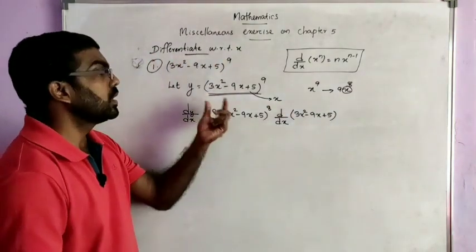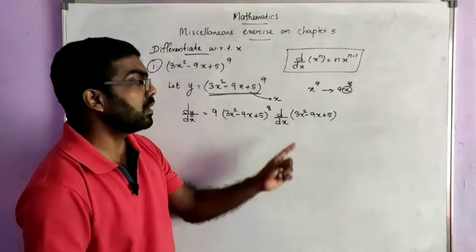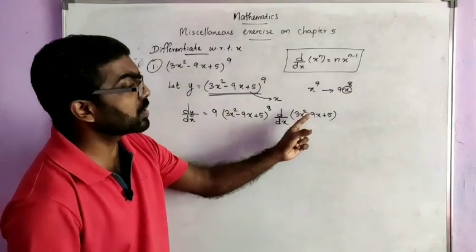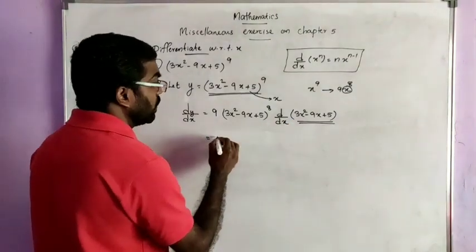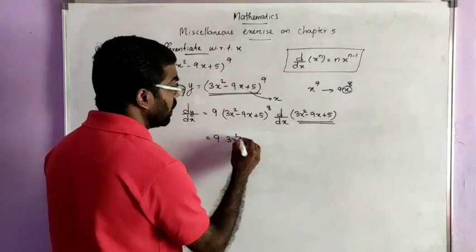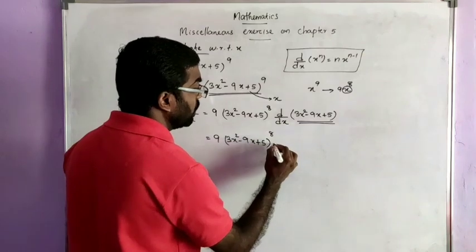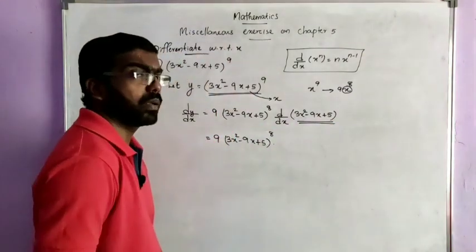First we suppose the whole term as x, so we have to multiply what? The derivative of that particular term, that is the derivative of 3x² − 9x + 5. Clear? So this is equal to 9 into (3x² − 9x + 5)⁸ into the derivative of 3x² − 9x + 5.